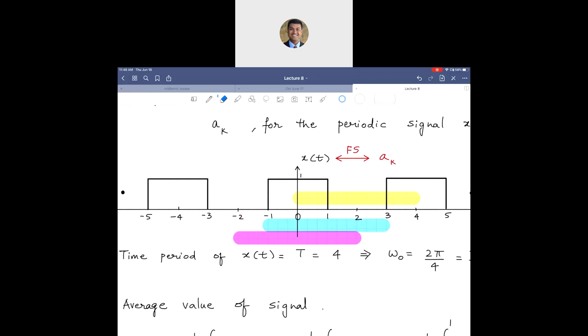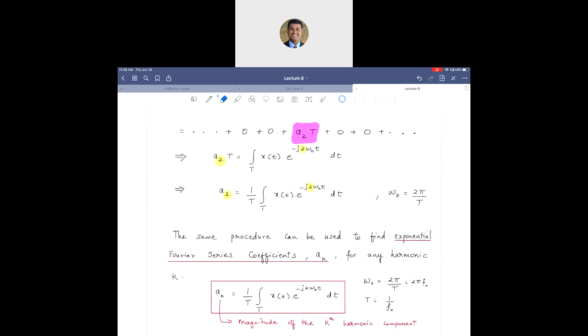So don't use the yellow, don't use the blue, use the pink is what I'm suggesting. And you will see this when we are doing this example. You will see how this can be very useful. That's one thing I want to talk about regarding the choice of the time period, which will essentially set the limits of the integration.